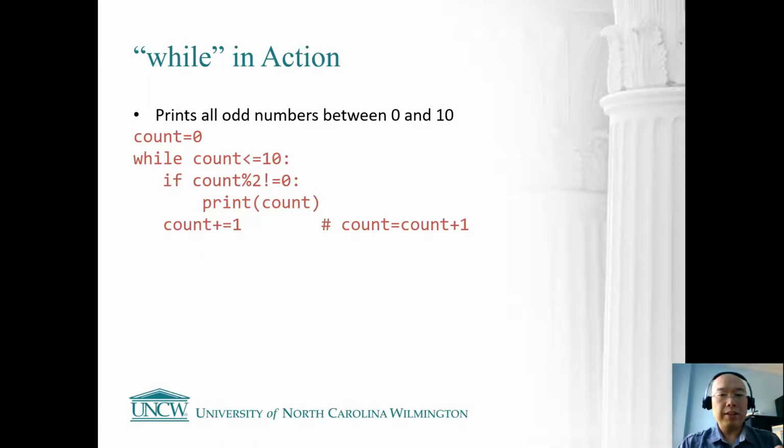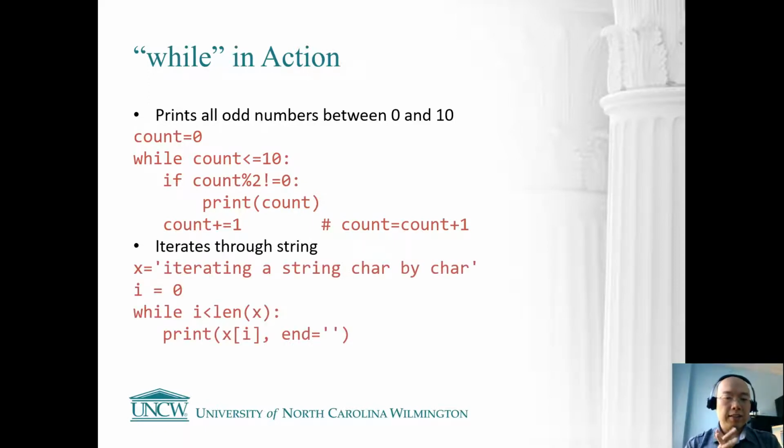That's definitely okay. Okay, and here is another example. In the last lecture we talked about how we can visit all the characters in a string, character by character, right? And I'm going to use a while loop to do so. That is, I'm going to use i as the index, and as long as i is smaller than the length of x, I'm going to print x with i as the index.